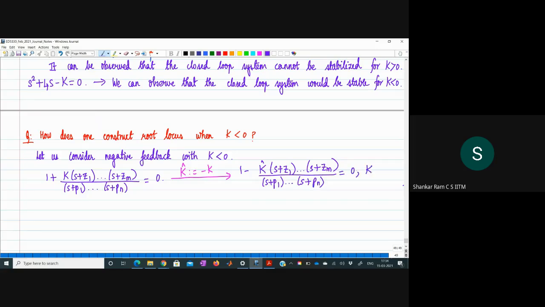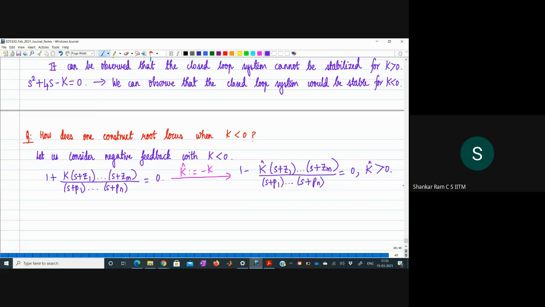But the main thing is that now k hat is greater than 0, right? So I hope you understood the difference, right? How we have transformed the closed loop characteristic equation in this form by a simple transformation.